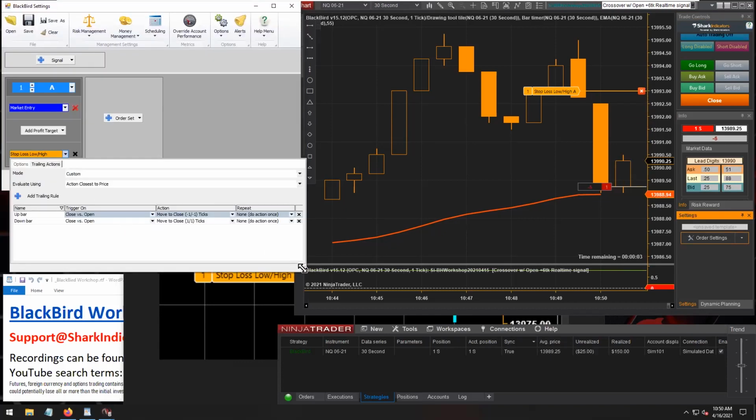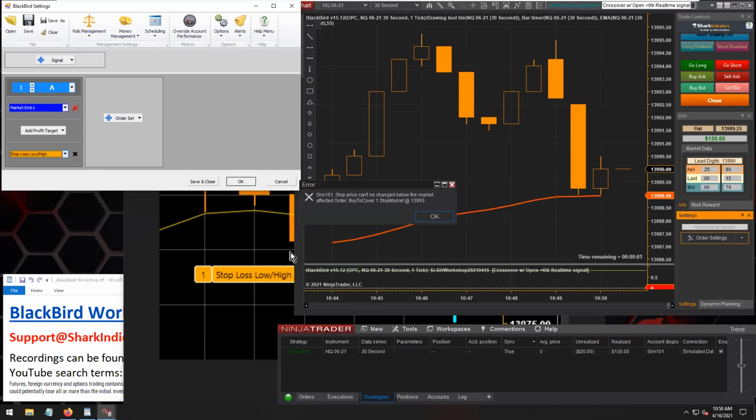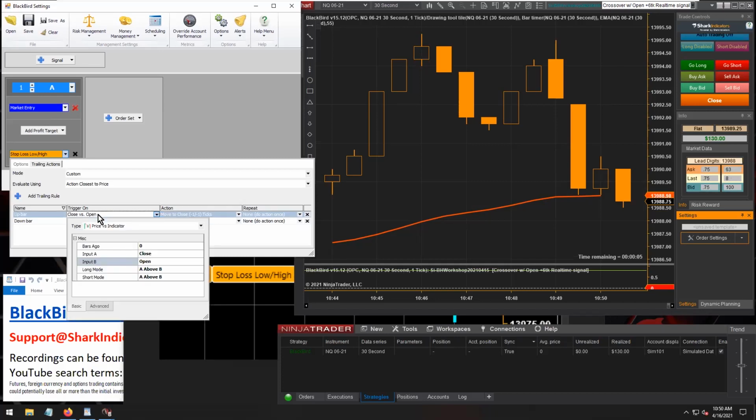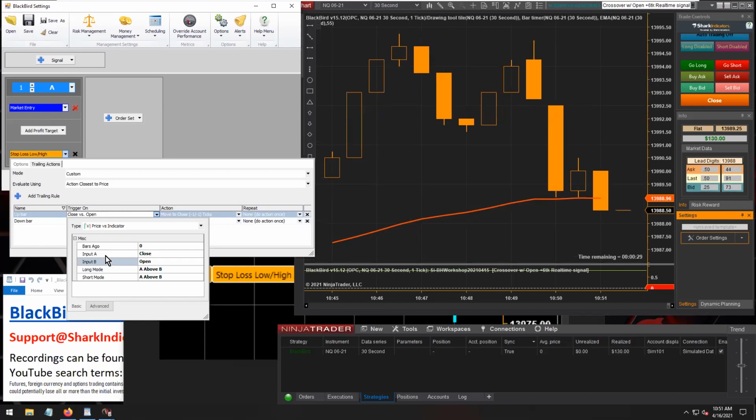So just to summarize what we did here, we designed a trailing rule that identifies up bars and another trailing rule that identifies down bars. And then we used a trigger condition to evaluate whether it's an up bar.